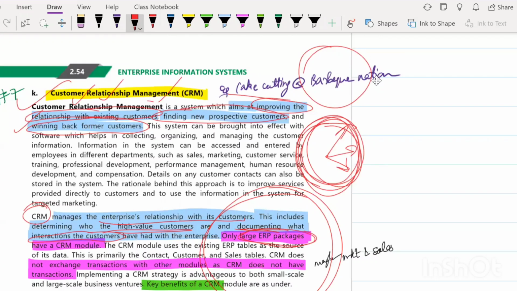All people will gather, clap for you, sing a song, and you will cut a cake. And that cake will be absolutely free of cost. Correct? They will not charge you anything extra for providing the cake. So this is one of the measures that Barbecue Nation takes to improve its relationship with the customers.